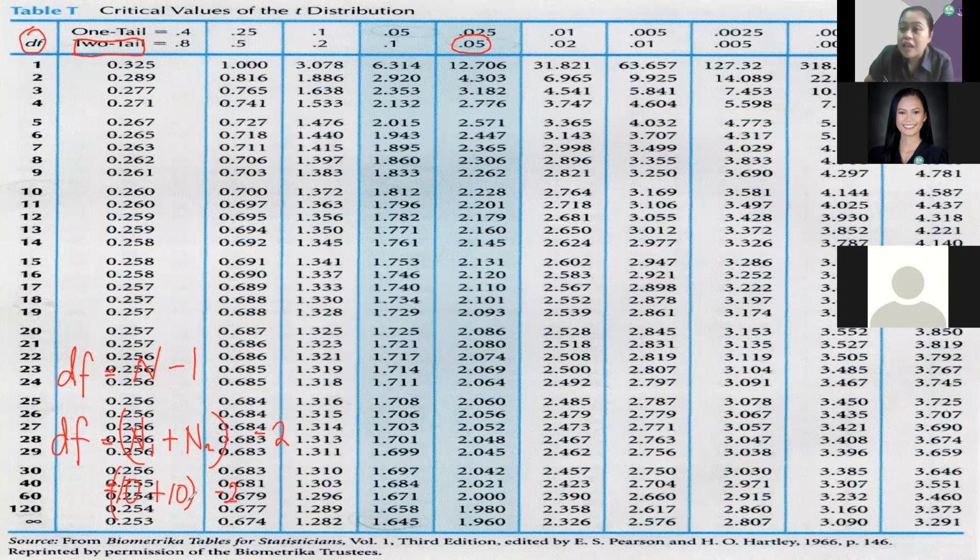So this is 10 plus 10, that's 20, minus 2, 18. So this is our DF. Please take note, our DF is 18.